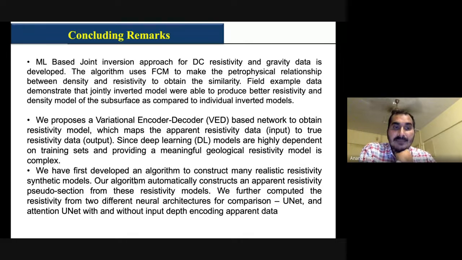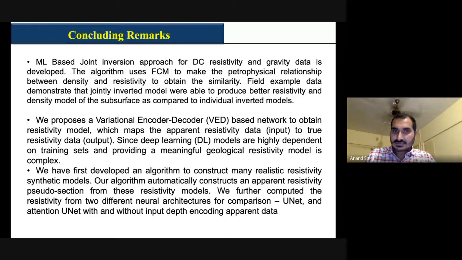So far we have developed our own training architecture to generate very realistic geological models, and we provide them to our unit, unit with depth layer, attention unit, or attention VED. These have provided very good results.